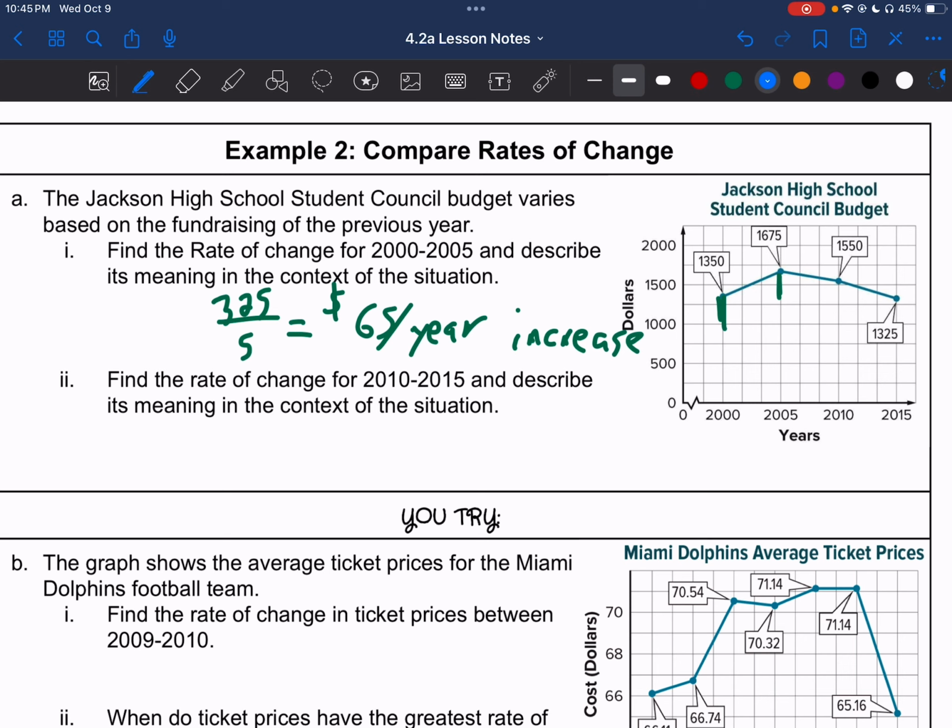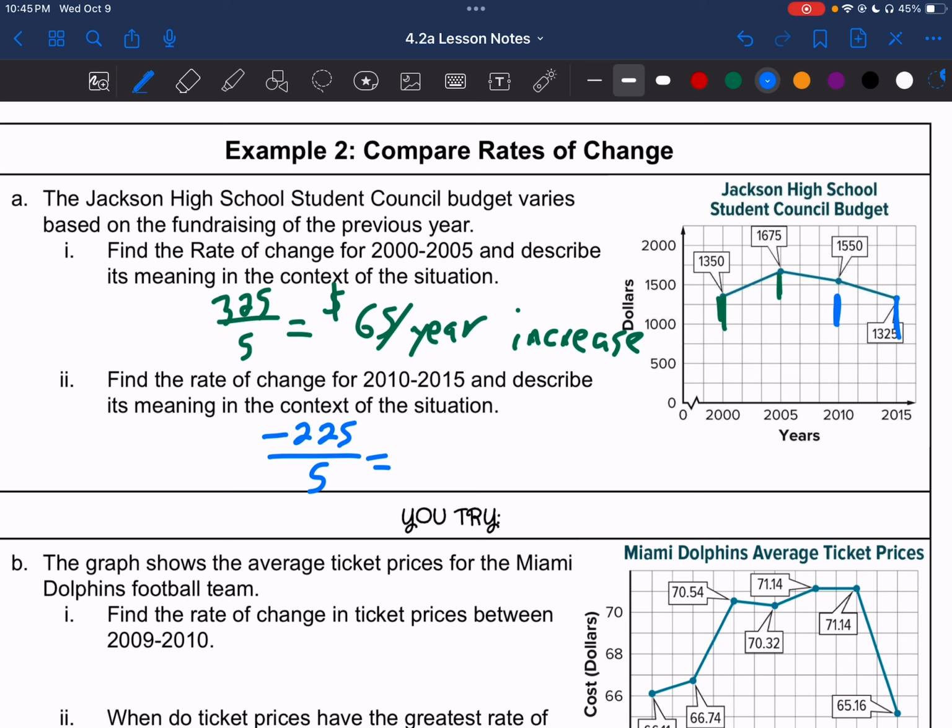Now, when we look at 2010 through 2015, we see a different kind of a change. We see a decrease. We're going from 1550 to 1325, and that's going to be a difference of, we're decreasing $225 in the same 5-year period.